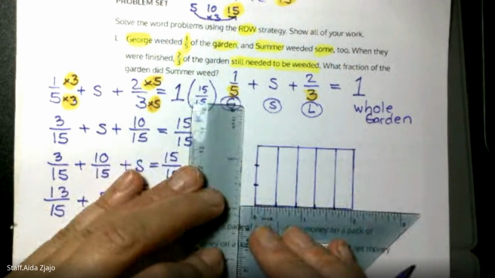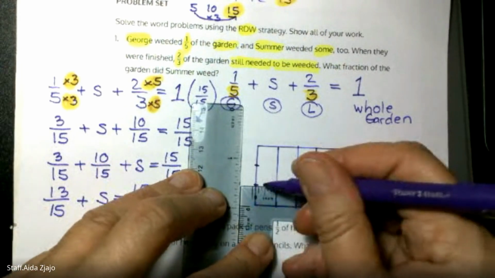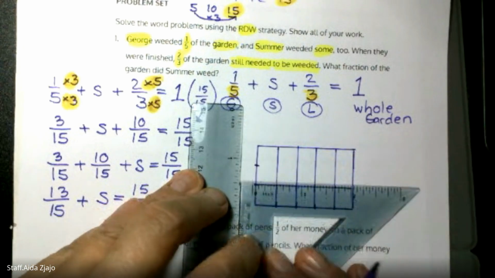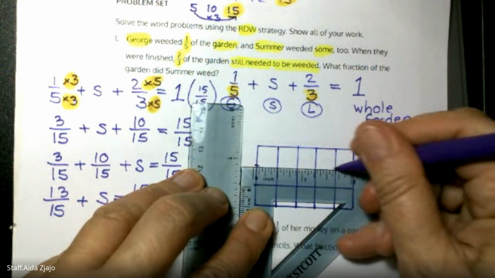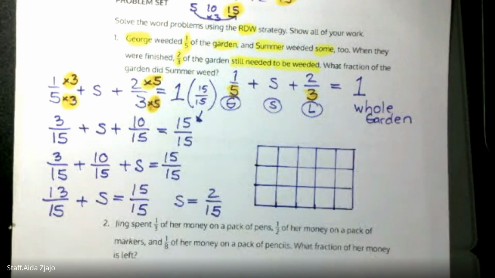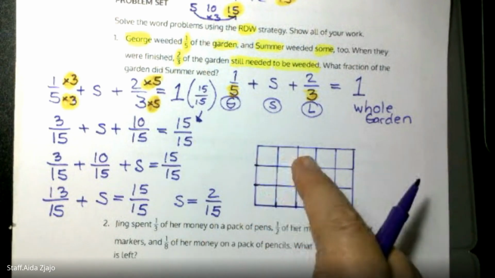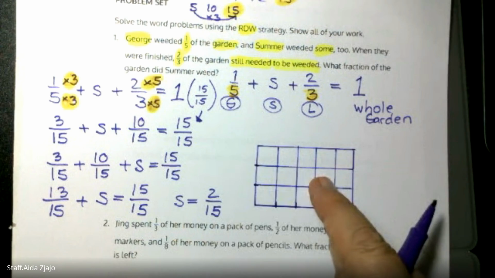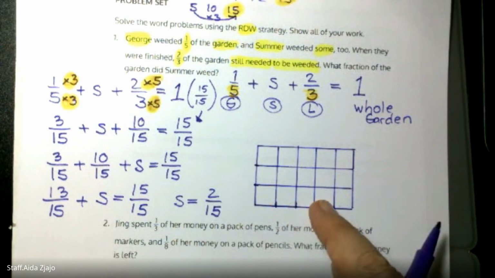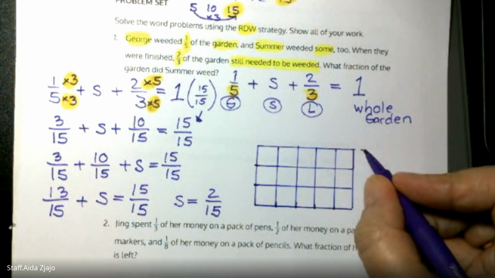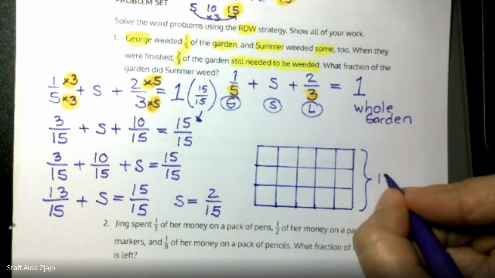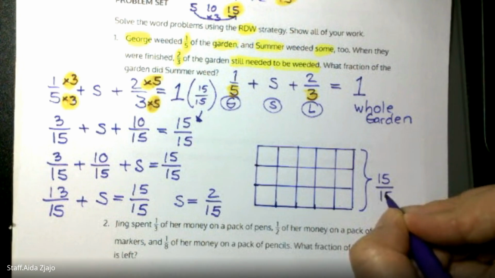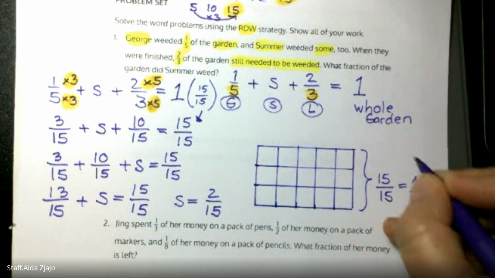And then when I do a horizontal line, my whole garden is going to be in terms of 15ths. 1, 2, 3, 4, 5, 6, 7, 8, 9, 10, 11, 12, 13, 14, 15. So the whole is 15/15. It's a whole garden.